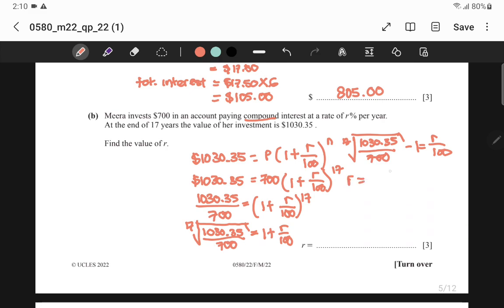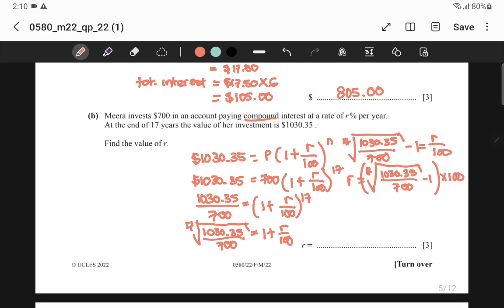R will be equal to the 17th root of 1030.35 over 700, minus 1, and then times it with 100. There you are, we're almost done.